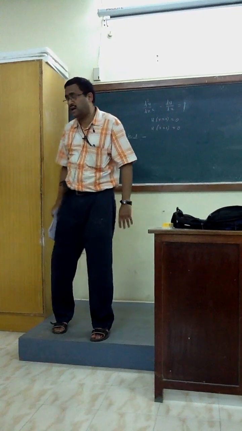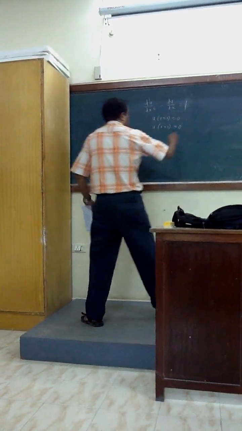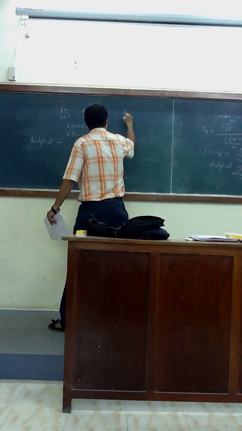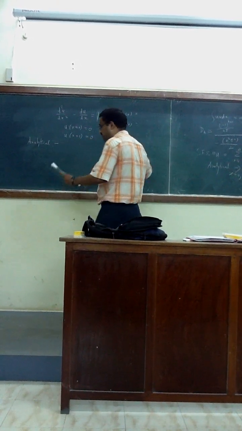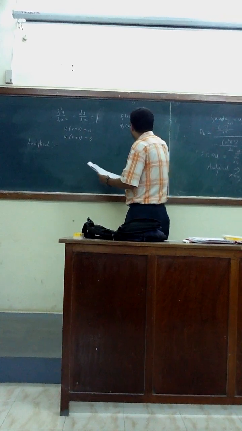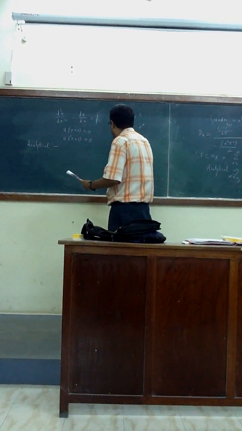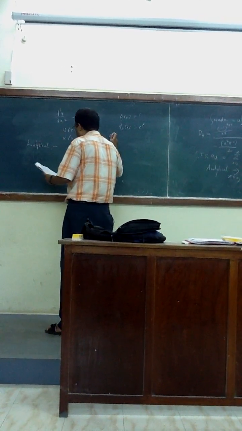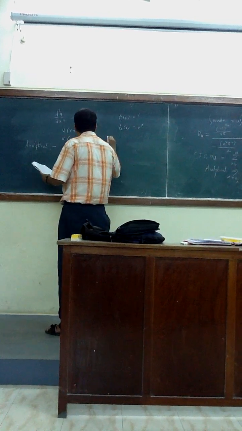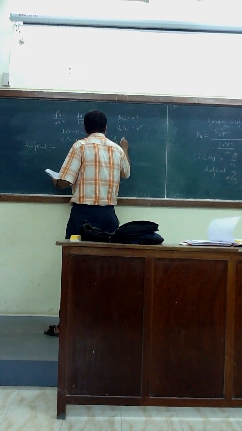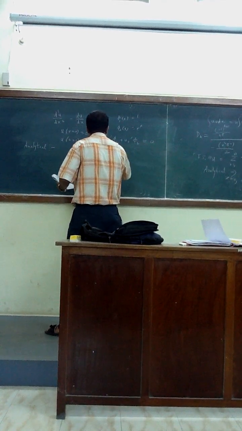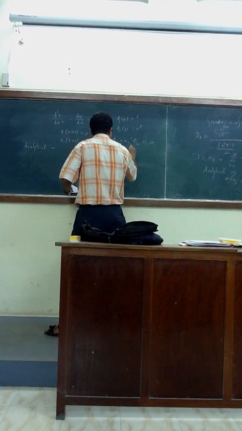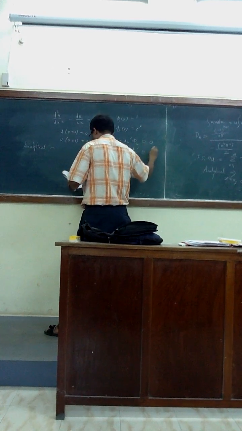Wronskian. Okay, how to find the answer? What are the equations for the Wronskian? There are two different solutions, phi 1 x and phi 2 x. How much is phi 1 x? How much is phi 2 x? 1 and e to the power x. What are the equations you solve for the particular integral? u1 prime phi 1 plus u2 prime phi 2 equals 0. u1 prime phi 1 prime plus u2 prime phi 2 prime equals 1.